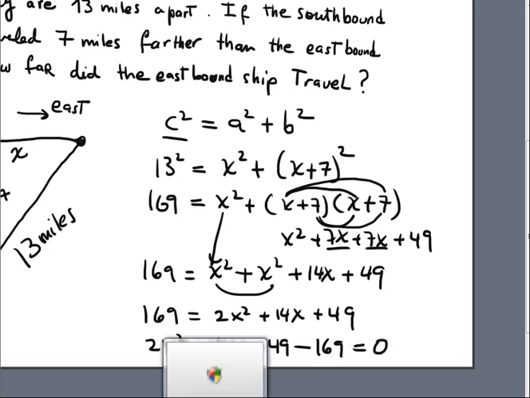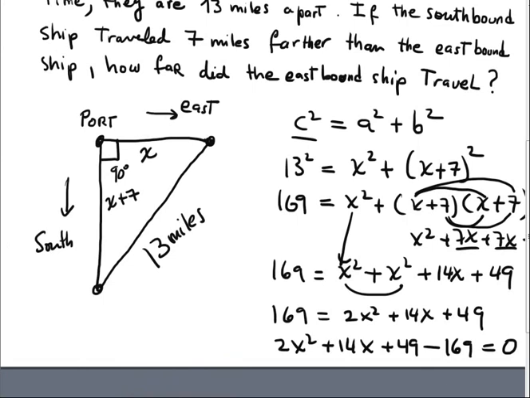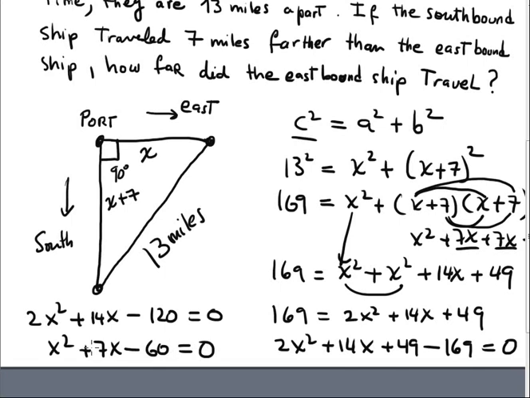Now we have 2x squared plus 14x minus 120 equals 0, because 49 minus 169 is minus 120. Dividing the whole thing by 2, we have x squared plus 7x minus 60 equals 0. Oh, an easier quadratic equation.